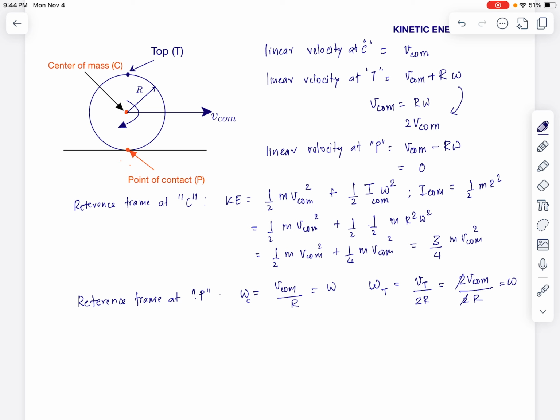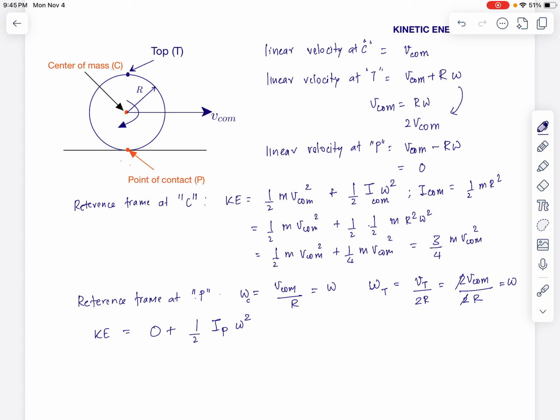Here the kinetic energy has a zero translational component, because there is no explicit linear velocity about this frame of reference. To that we add the rotational kinetic energy, which is half times I at point P, the moment of inertia at point P, times omega square.